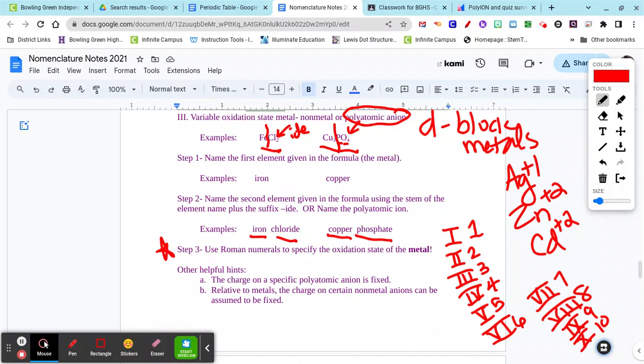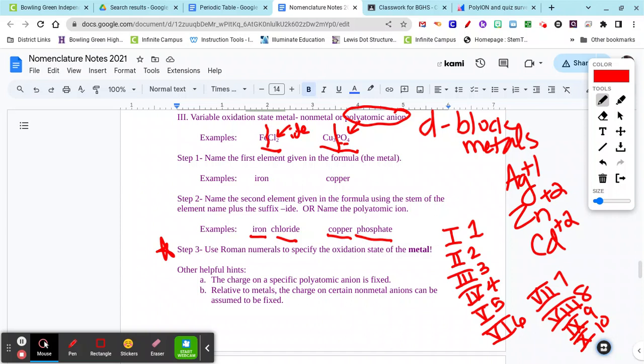You'll see when you get to 5 it is V. 4 is IV because it is 1 before 5. 6 is VI because it is 1 after 5. Same thing when you get to 9 and 10. 10 is X. 9 is 1 before X, which is why we write it like this. So these are your Roman numerals, 1 through 10. That is what you're going to put after your metal.